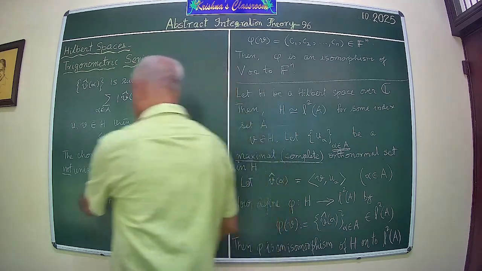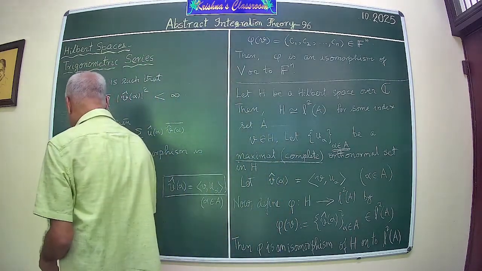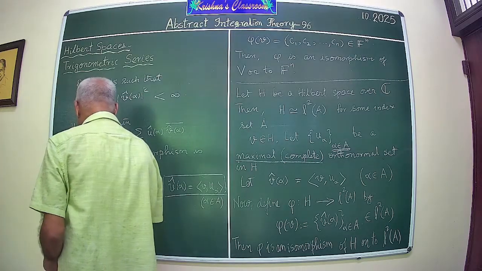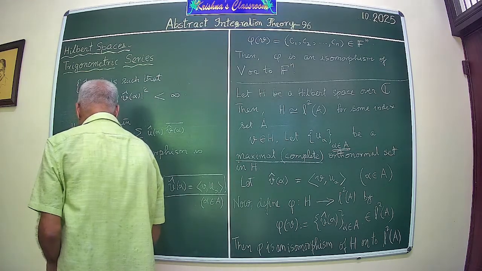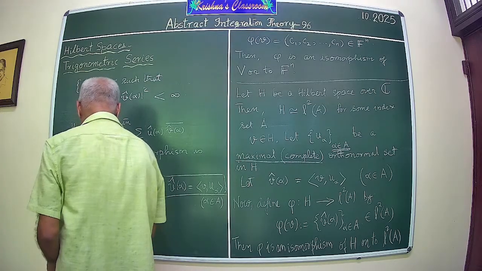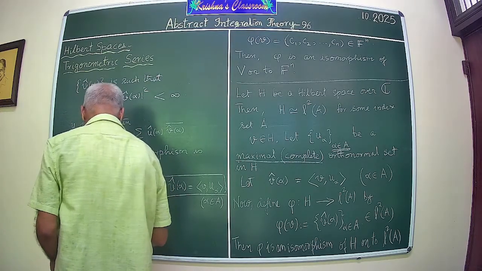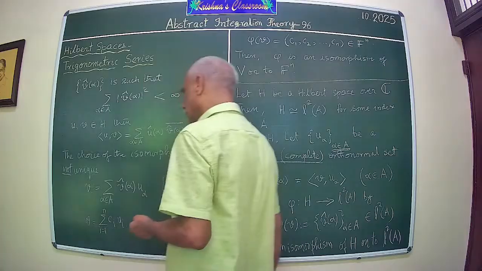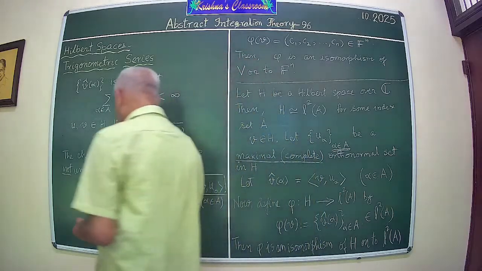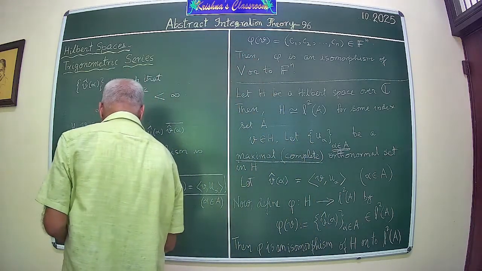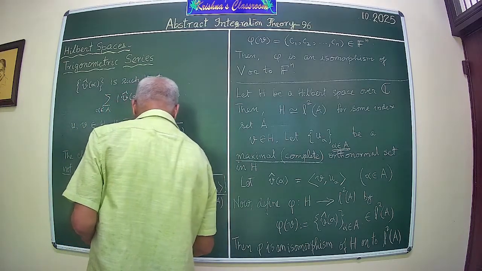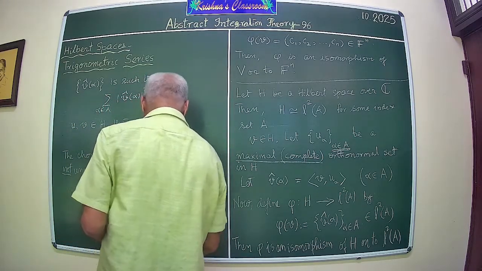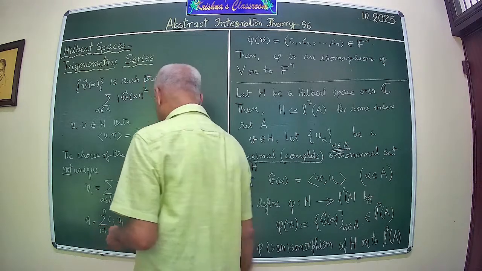So compare this with the finite dimensional case. Then we put in that case E is the order n tuple which comes as the coefficients here.